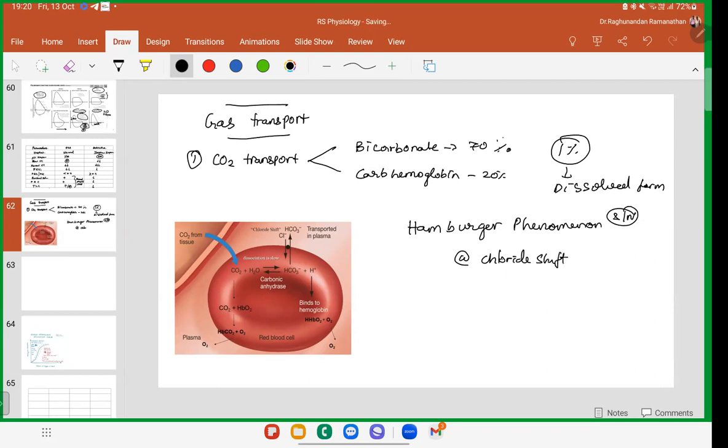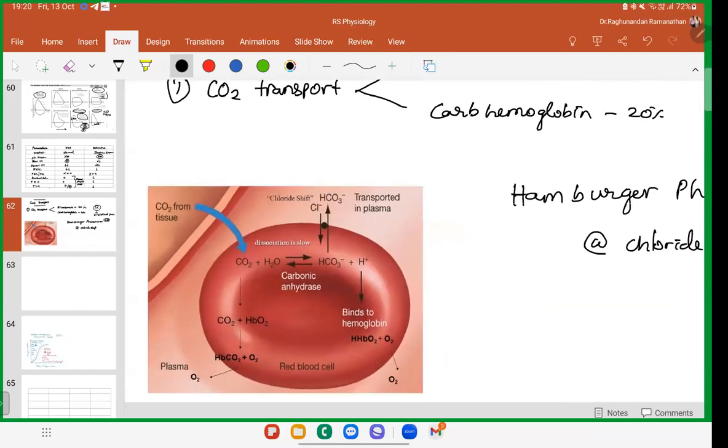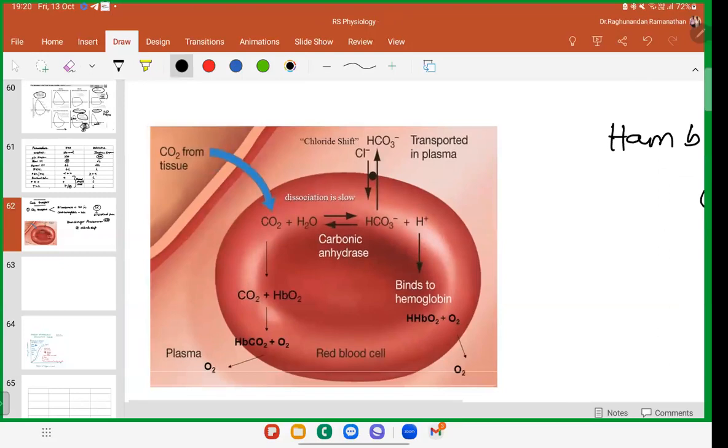What basically occurs in the Hamburger phenomenon? Just see this one picture. It is going to help you. You have carbon dioxide. This carbon dioxide is the waste or metabolic product of your tissues after they receive oxygen. This carbon dioxide has to be transported from your tissues back to your lungs for reoxygenation.